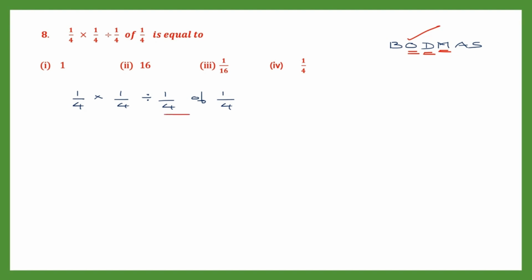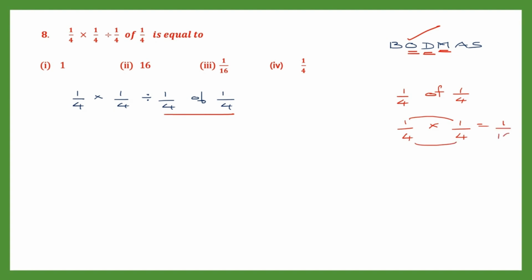That means we have to do this part first. And what does of mean? Of means multiplication itself, isn't it? So let's work this part out. That is 1 by 4 of 1 by 4. So what does this mean? It means 1 by 4 into 1 by 4. Now let's multiply. 1 ones are 1 and 4 fours are 16.